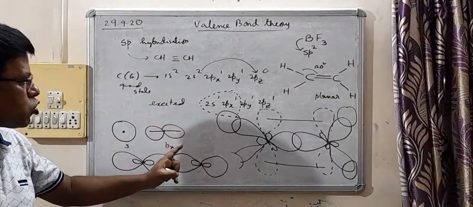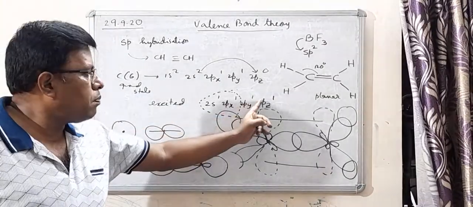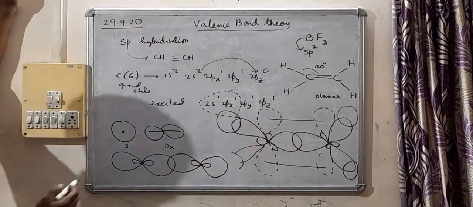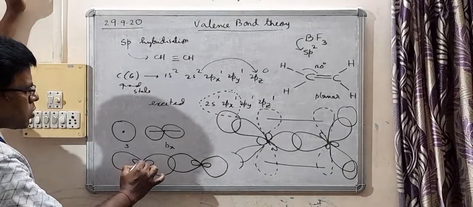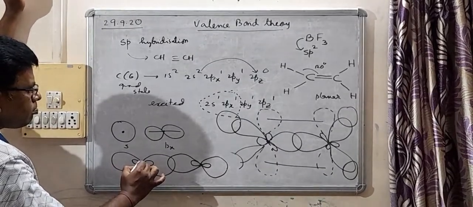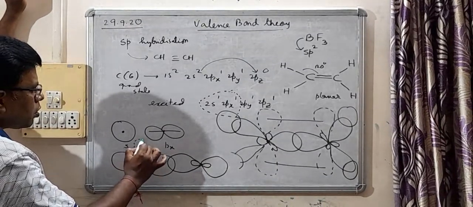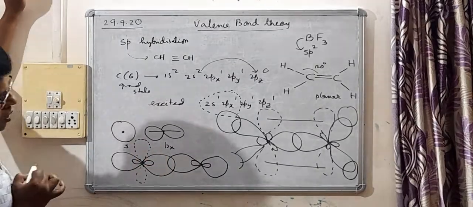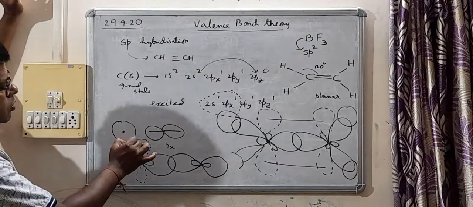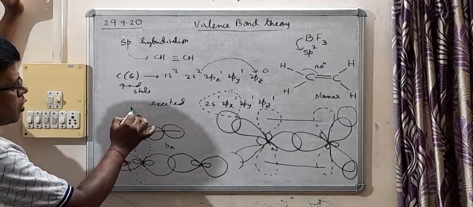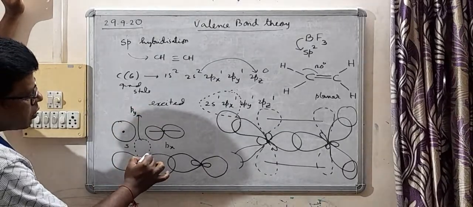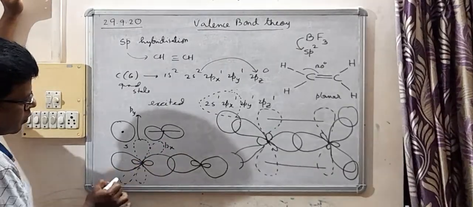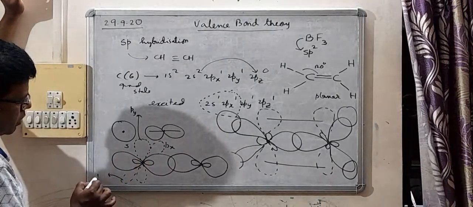Now let us draw the py and pz which have not taken part in mixing. Suppose this one is py, and this one is pz.